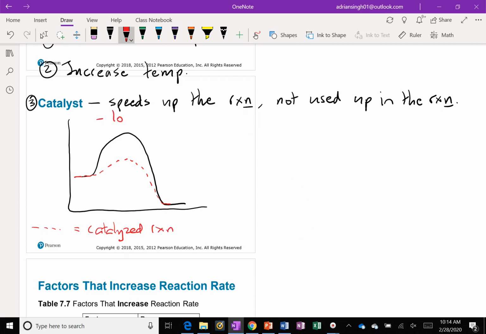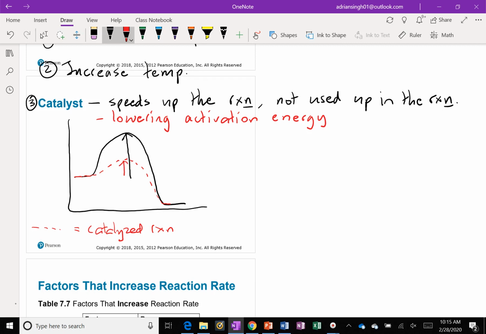It does so by lowering the activation energy. As a result, more of the reacting particles are going to already have enough energy to overcome that lowered energy barrier. So instead of having this huge hill to overcome, in the catalyzed reaction we just have a much smaller hill to get by.